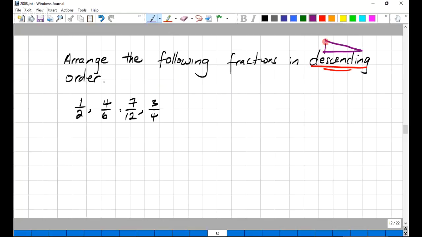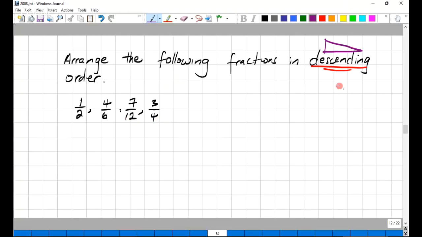So we're going from large to small, or highest to lowest. How will we be able to know which of these fractions is the highest and which one is the lowest? By finding the LCM. Okay, finding the LCM or the lowest common multiple. All right. So what's the LCM of 2, 6, 12, and 4?